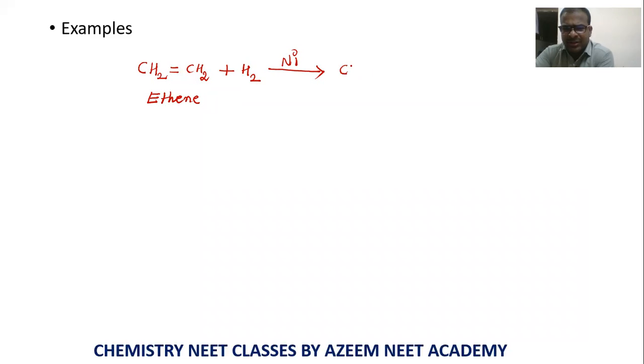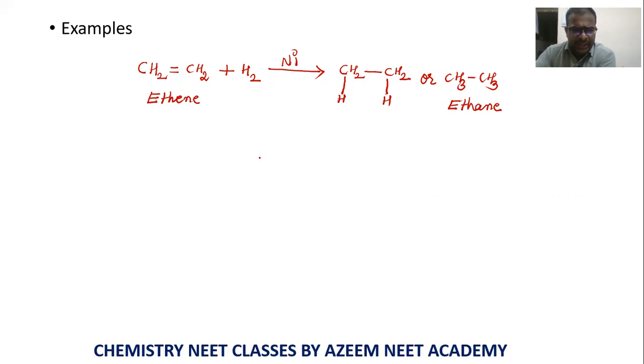So CH2, one single bond, CH2, one bond is broken, and each carbon atom will get one hydrogen. So this is simply, you can also write, nothing but ethane, CH3-CH3. It is called ethane.